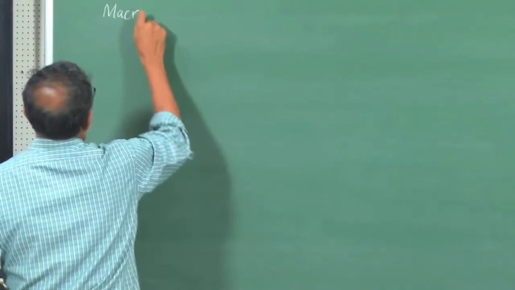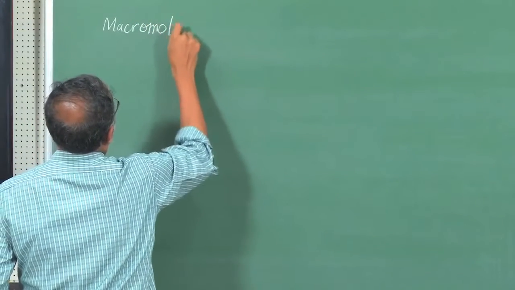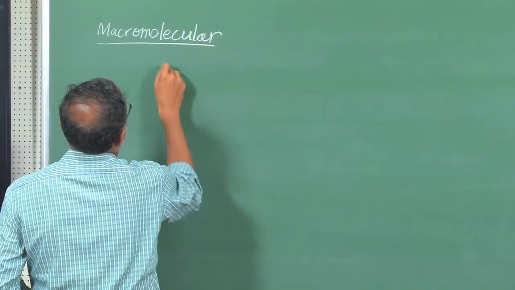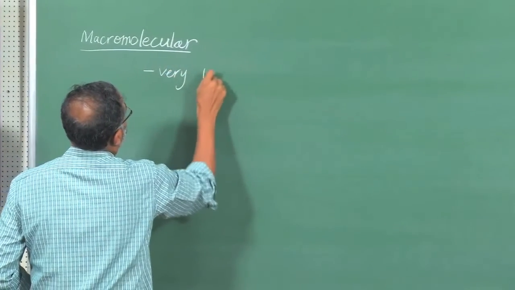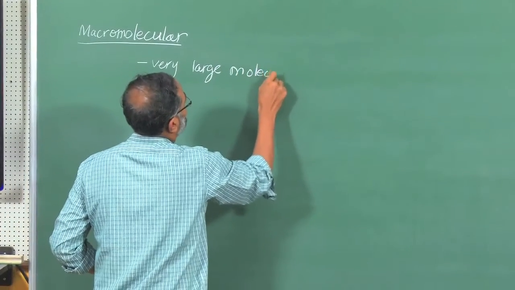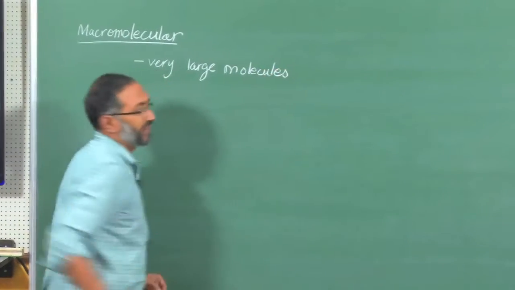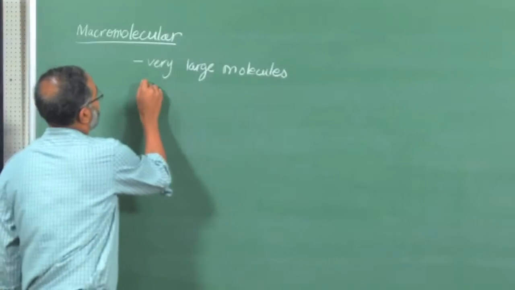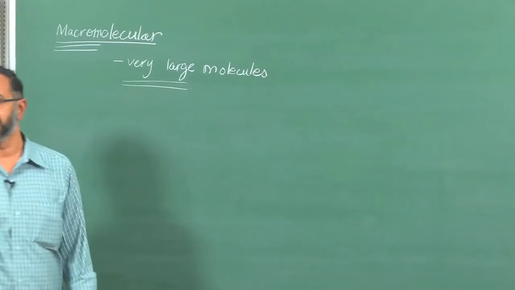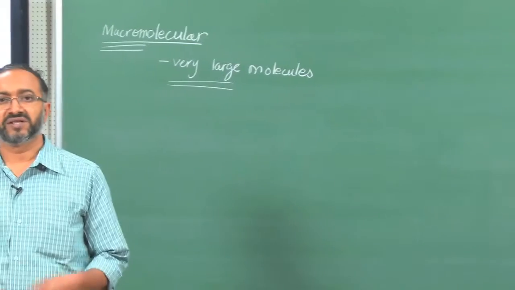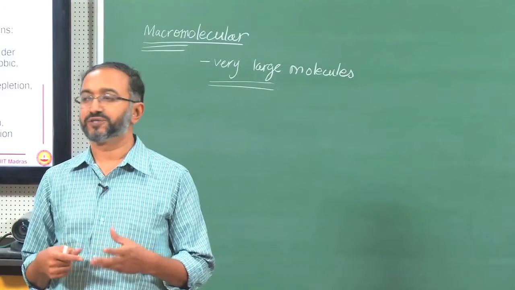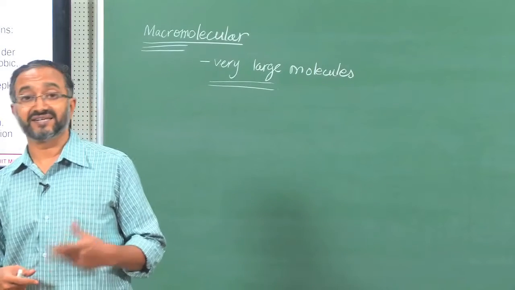So, most of you of course have heard of polymers and plastics, which are very large molecules, and the key feature of macromolecular systems lies in the fact that they are macro, or very large molecules, and what that brings in is the ability of the molecule to respond at different length scales and time scales.